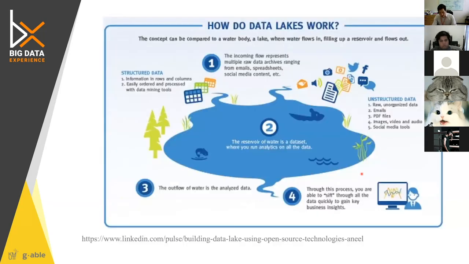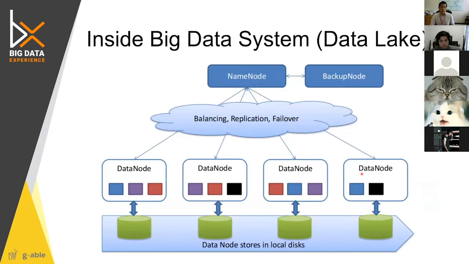Now, this is the conceptual way to think about it. If we think about the system, it will be different, because the big data system or the data lake looks like this. So think about each of these blocks as a computer. You have a computer that is called the name node. You have a computer that is the backup node to the name node. You have a network system that connects everything together.